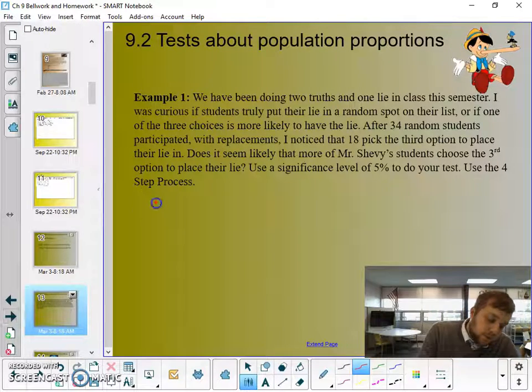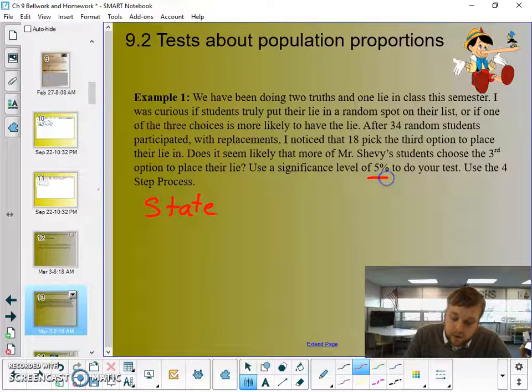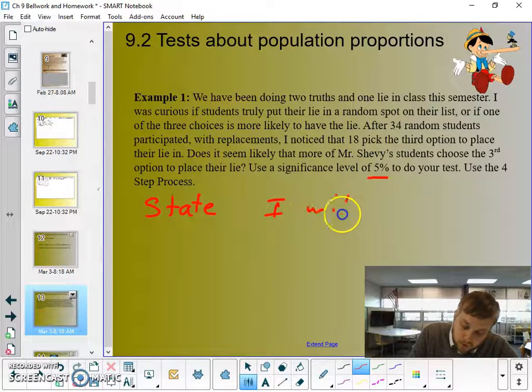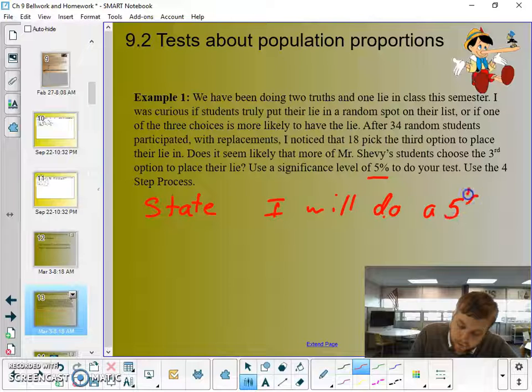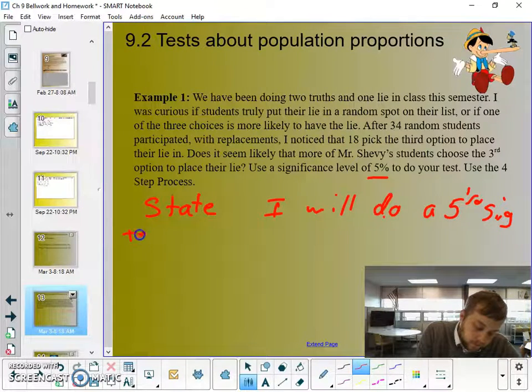All right, so we're going to do a four-step process. So, state. We are going to use a significance level of 5% to do our test, and we're going to use the four-step process. So, my statement: I will do a 5% significance test.